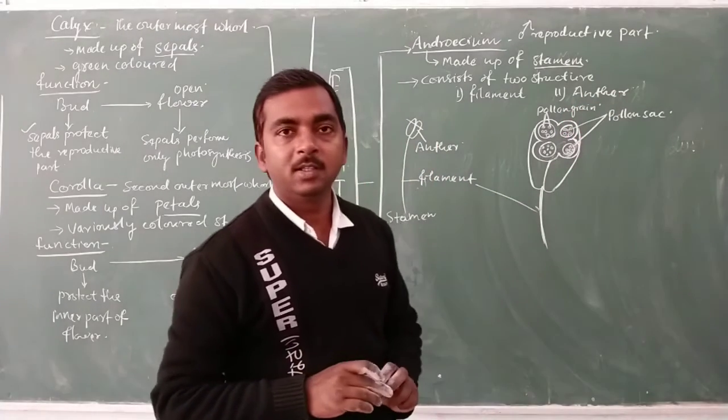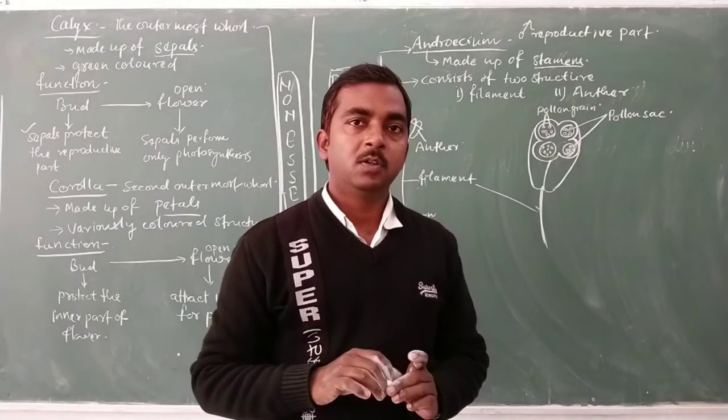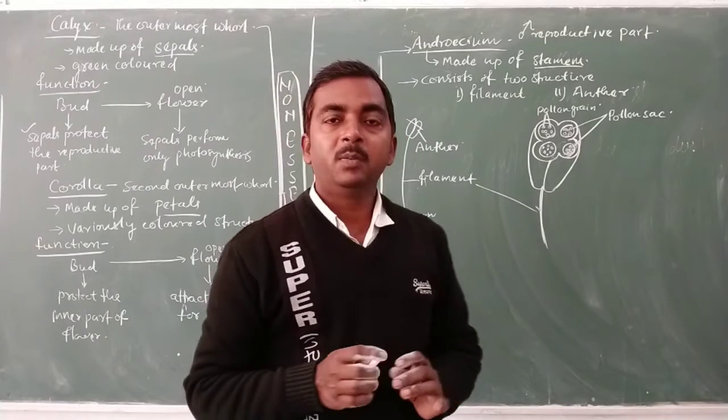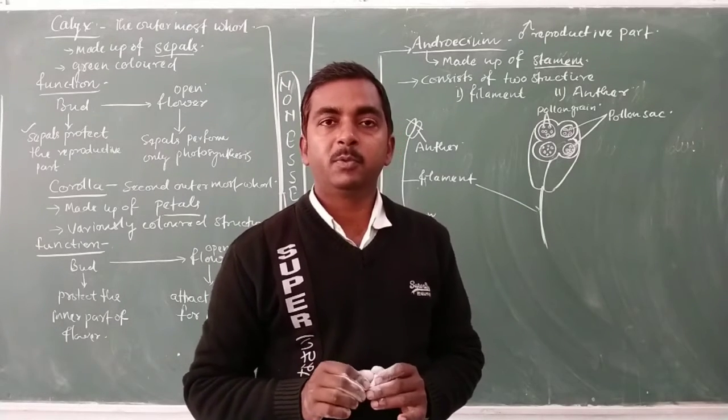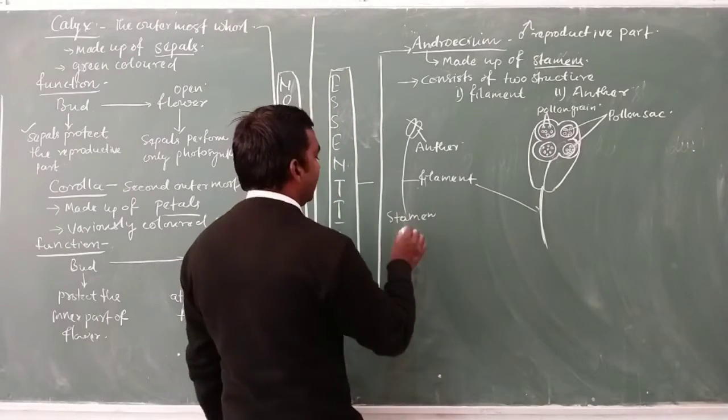And these pollen grains carry the male gametes of the flower. So this is the reason that they are known as male reproductive part of the flower, because they are responsible for the production of male gamete.